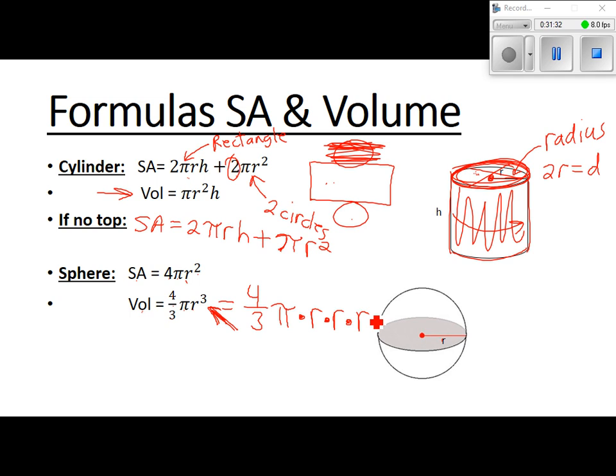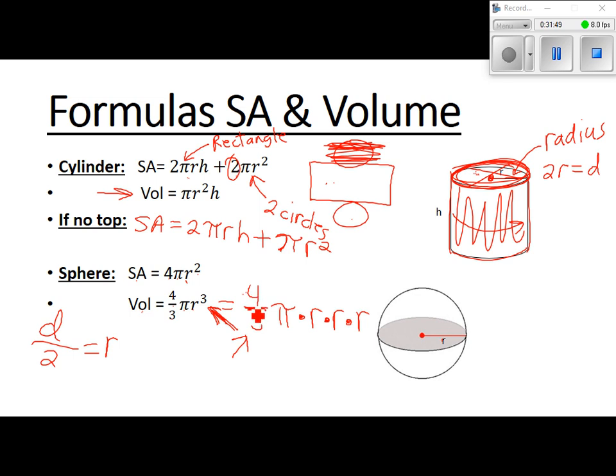And remember, if they give you the diameter all the way across the circle, then you just need to divide that by 2 to get the radius. When you're plugging this formula into your calculator, the way I do it is I put in 4, and this bar means divided by.